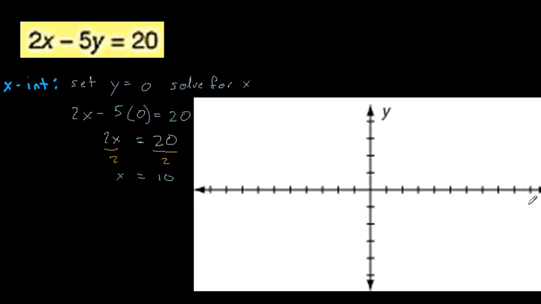I'm going to call this last value out here 10. And you find that with this last problem, the x-intercept is x equals 10. The line crosses the x-axis at 10.